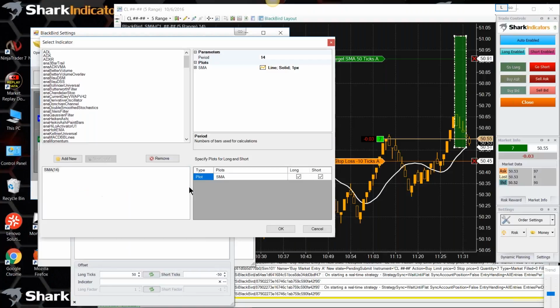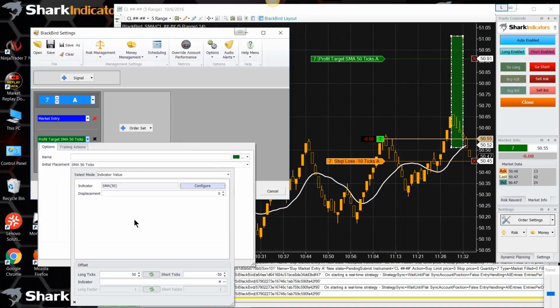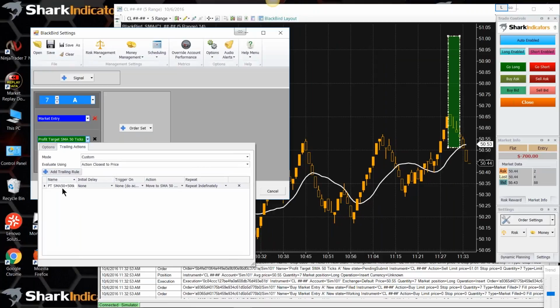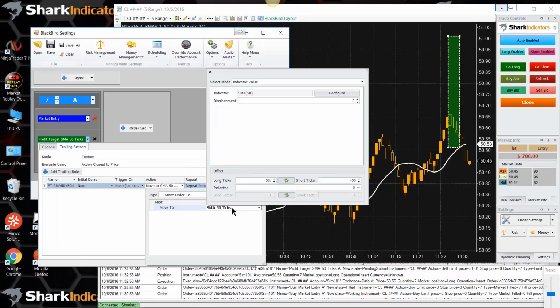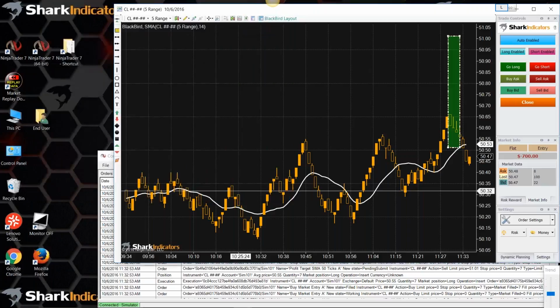Oh, that did get reset to the SMA 14. Sorry about that. Okay. There we go. Let's pop that 50 back in there. All right. SMA 50 plus 50 ticks. And let's see. Yeah, we're still on an SMA 50 there. That looks good. And let's get rid of our stop loss so it doesn't get hit.